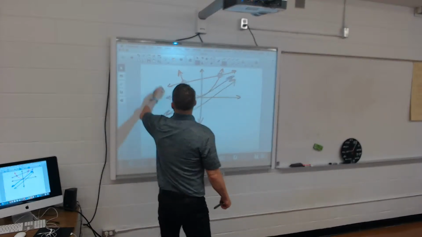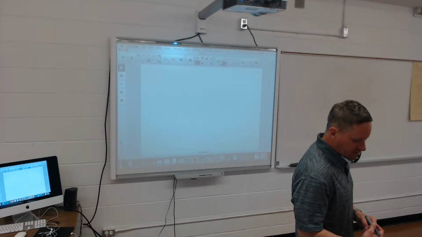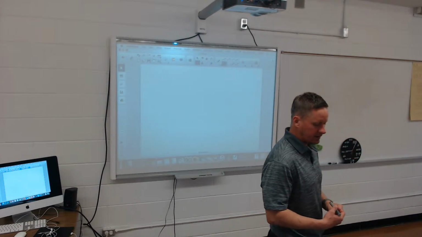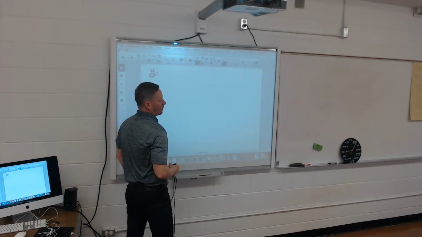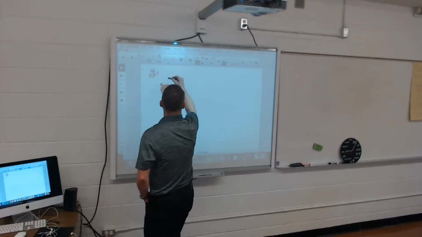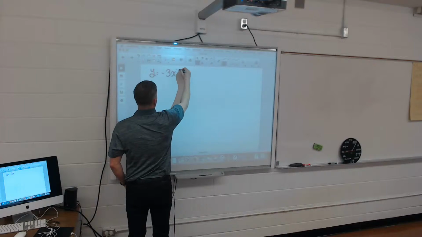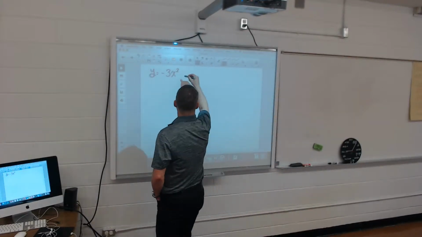They give us 2 equations. The first one is y equals 3x squared minus 2x minus 4. I'm going to rewrite that as y equals negative 3x squared, because we always graph like this, moving the 2x over and the 4 over.